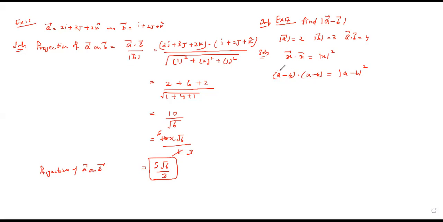Now, dot product of vector A minus B with vector A minus B, what will it be?